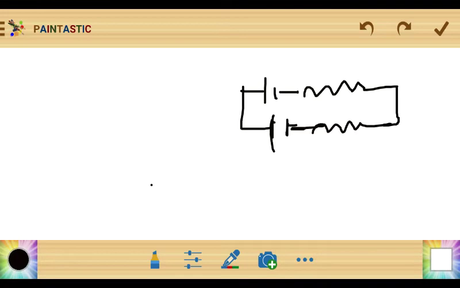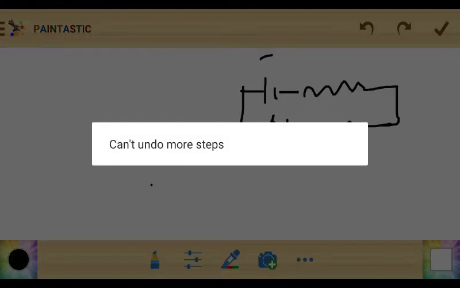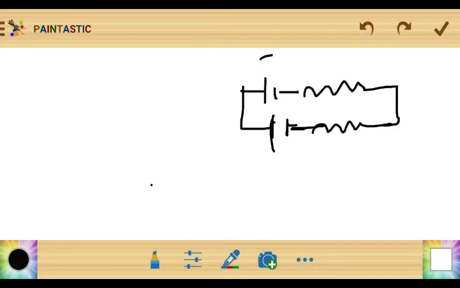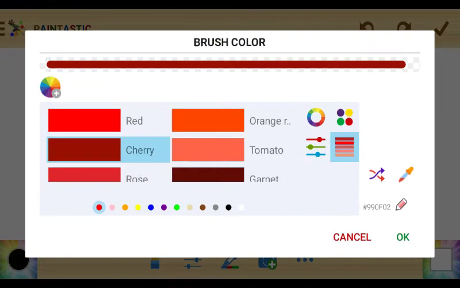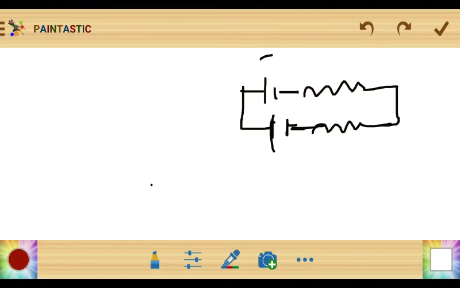Okay, so here it is E1. Let me use another pen to make it. So this is E1, this is E2, this is resistor R1, this is R2, and the current direction.